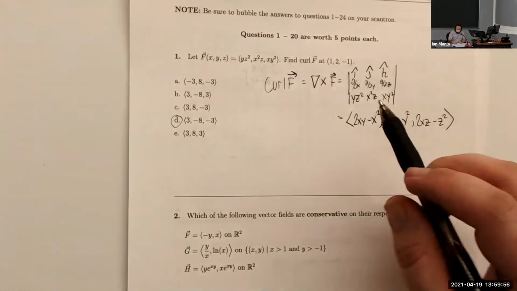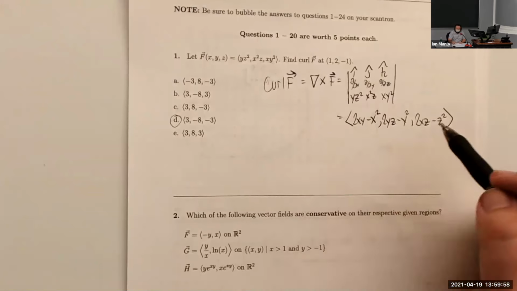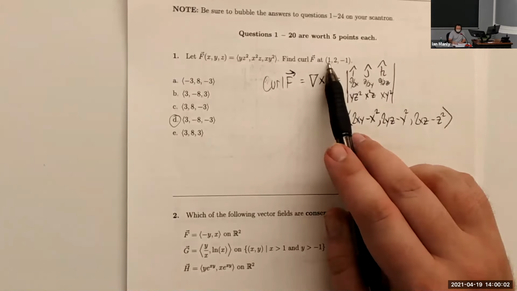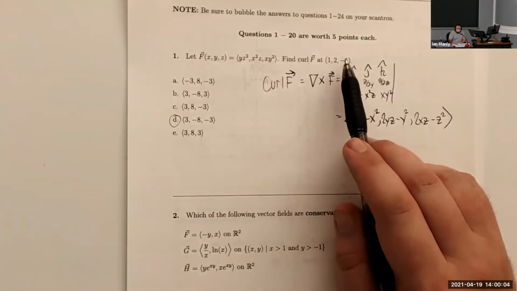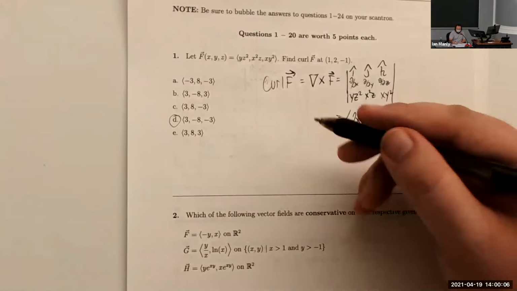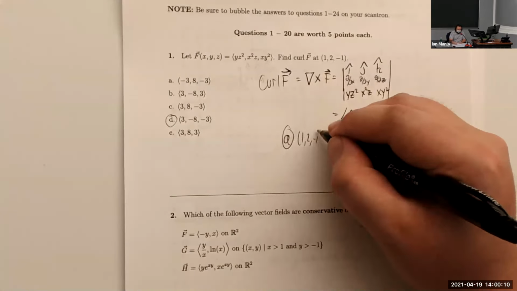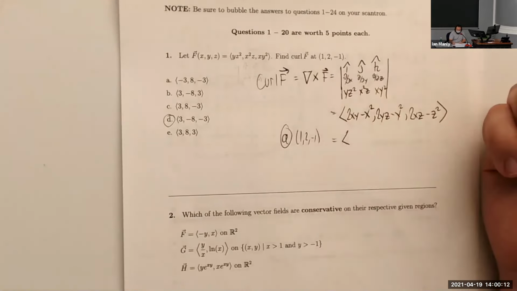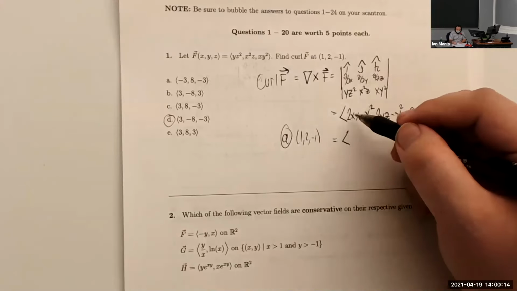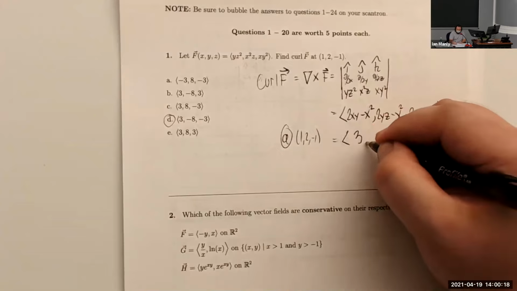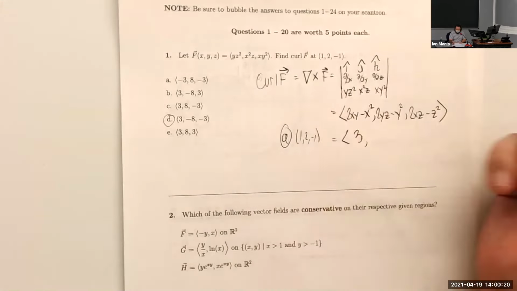So this is the curl of f, which is a vector field in its own right. And what are we supposed to do? We're supposed to plug in the point x is 1, y is 2, z is -1, and see what we get. 2 times 1 times 2 is 4, minus 1 squared will be 3. Okay, so I guess we can eliminate that choice.